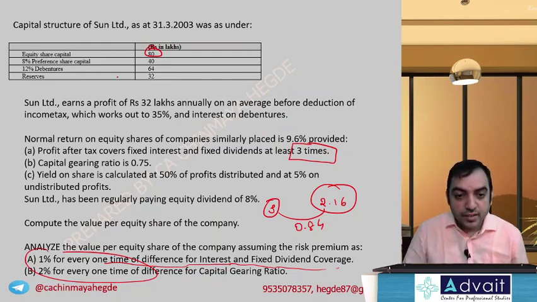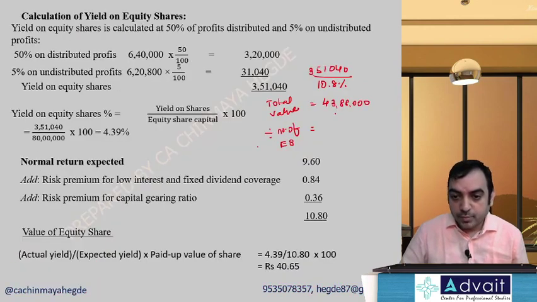So 80 lakh by 100 is 80,000. Divide by 80,000. 43 lakh 88,000 divided by 80,000.